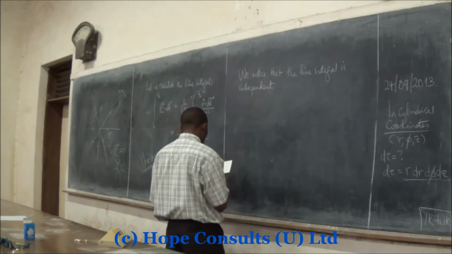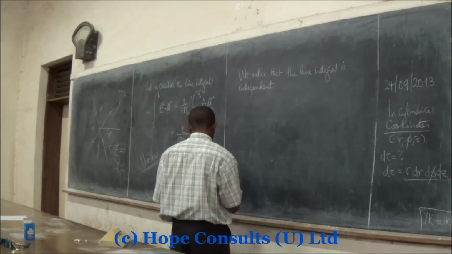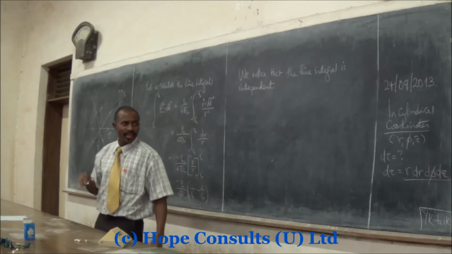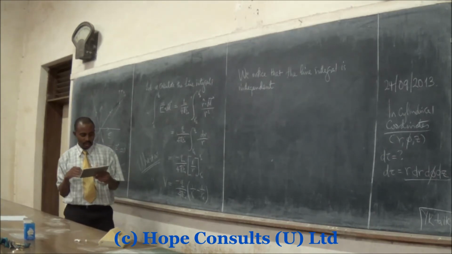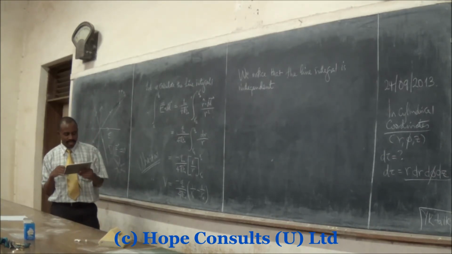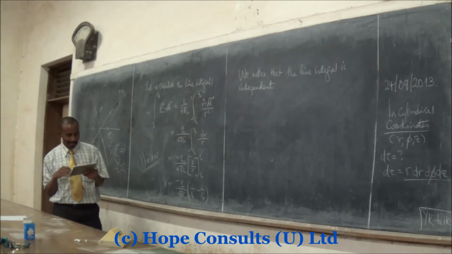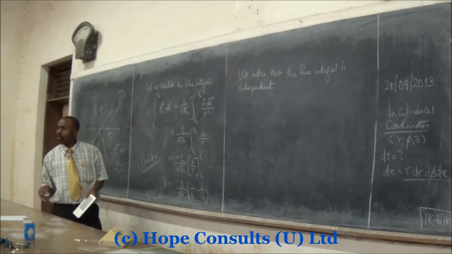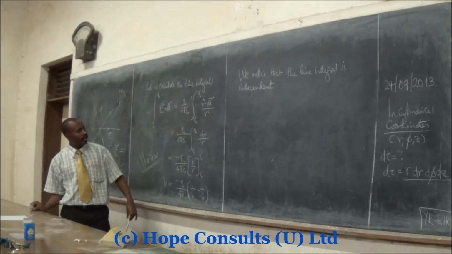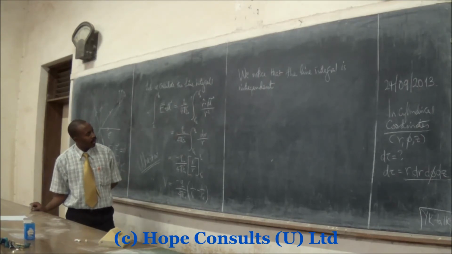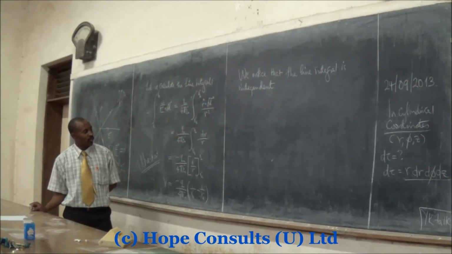If you have some quarrels, you ask. I may pause. Still have some few minutes to finish this part. I can pause and listen to you. Where is the trouble? So it should be R squared.